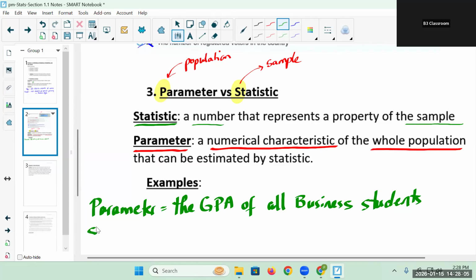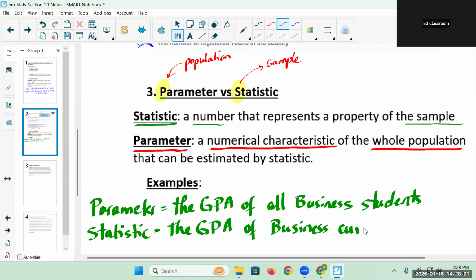Now, statistic will be the GPA of business students currently, okay, hold on, I meant to put business students currently taking statistics.